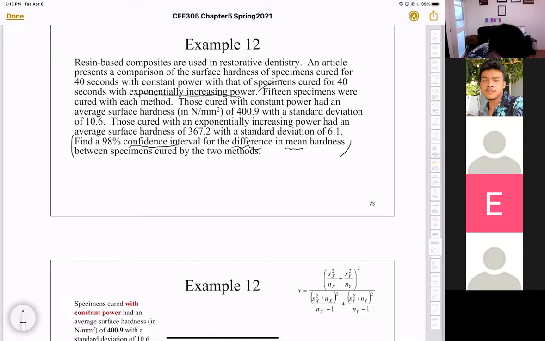First, we have 15 specimens. 15 is less than 30. This is a small sample. 15 specimens cured with each method.